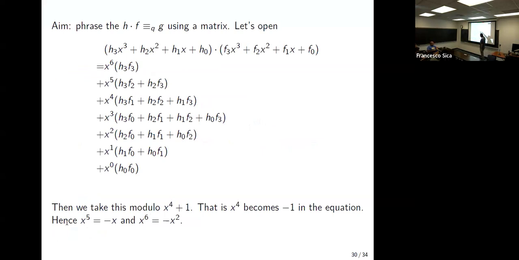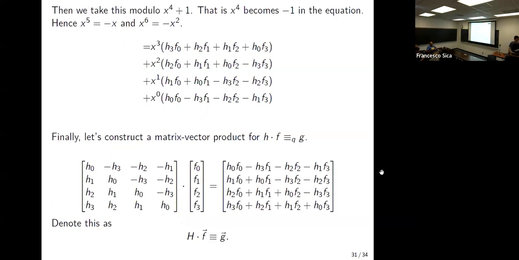You can rewrite h times f by expanding this way, and then rewrite this in matrix form, and believe me that this corresponds to this one. You can rewrite the polynomial multiplication into a matrix which has some structure, times this f, and it equals g.